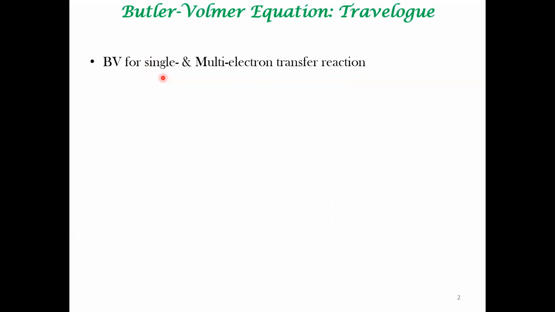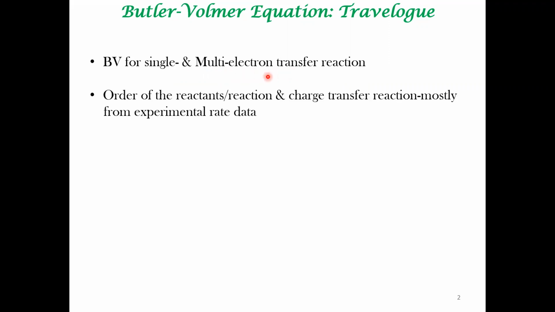But in practice, most of the electron transfer reactions are multi-electron transfer reactions. So connection to experimentally measured rate data is very important to get the elements of electrochemical kinetics.